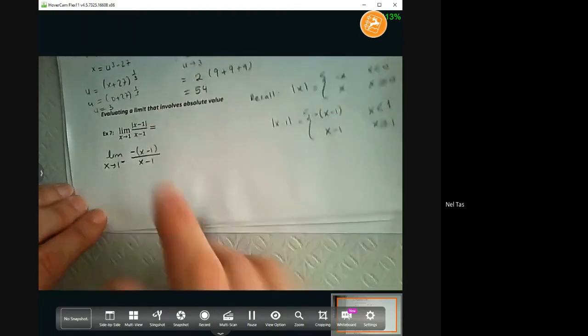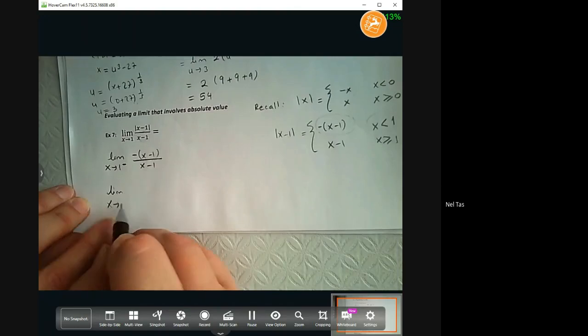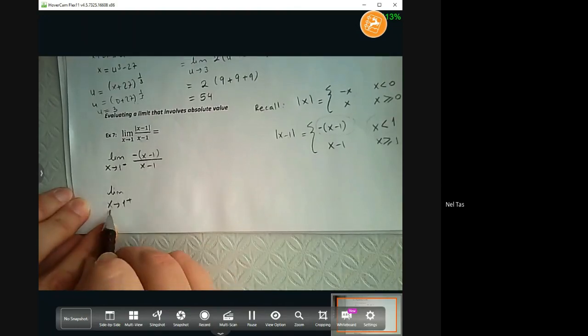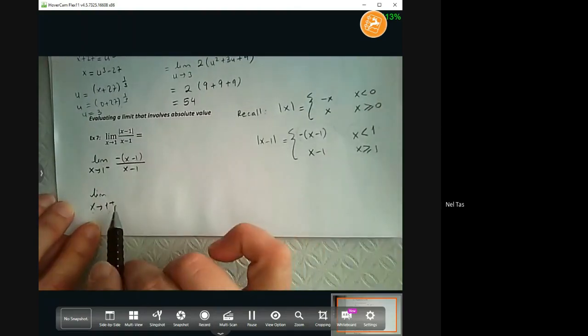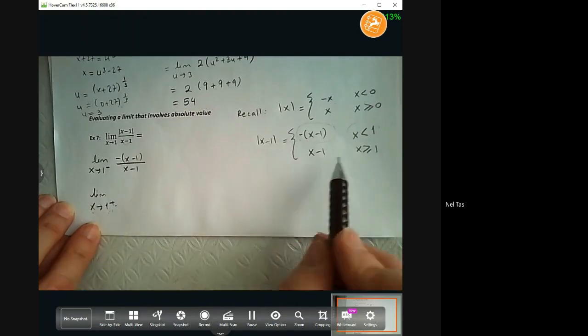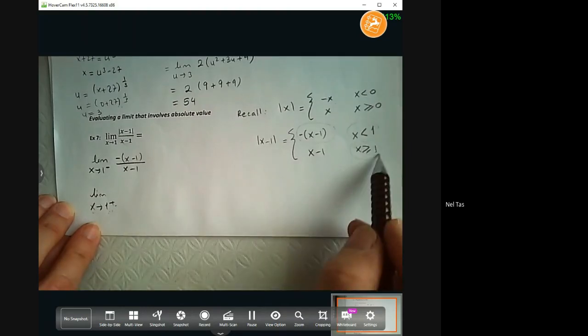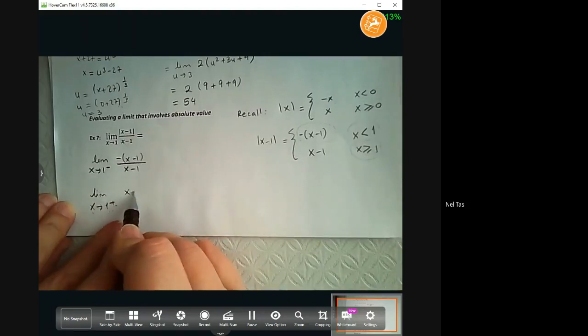And for the right side limit, as x approaches 1 from the right, we're getting closer to 1 from the right side. Think of a number, let's say 1.00001. So then we're going to use this interval here, which gives us x minus 1.